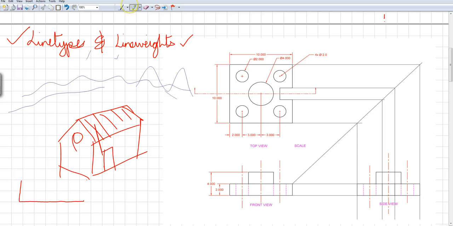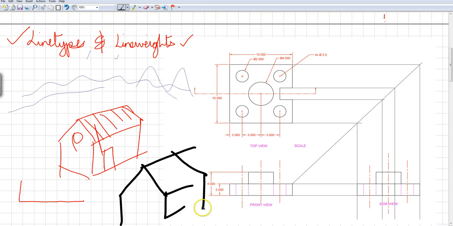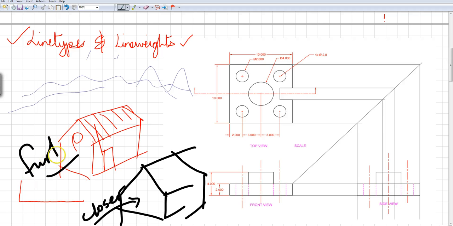If this building was closer than that one, then I would draw using a thicker line weight. So that gives the illusion that this is closer and this is further and this is furthest. Okay, so that's where line weights come in handy. So that's a simple example.